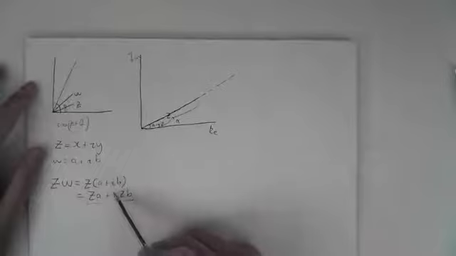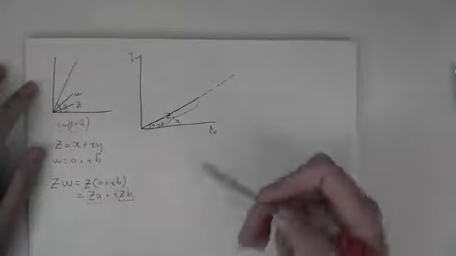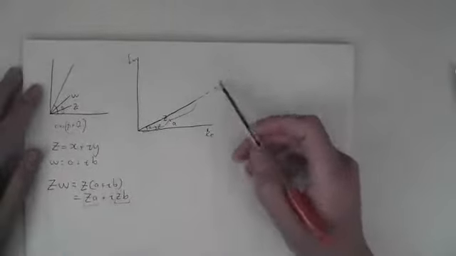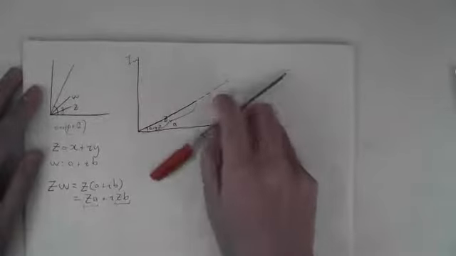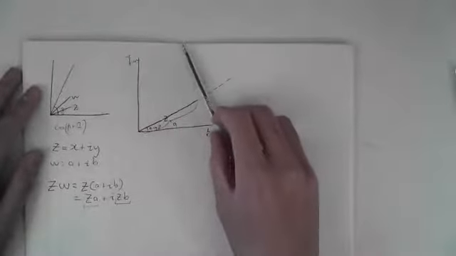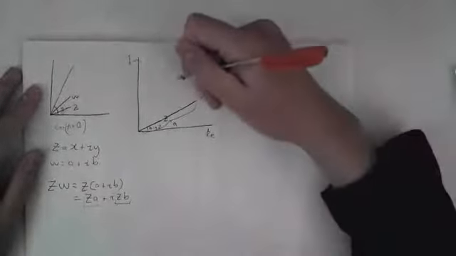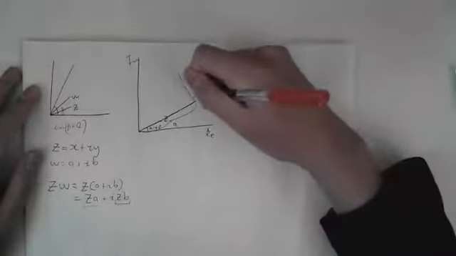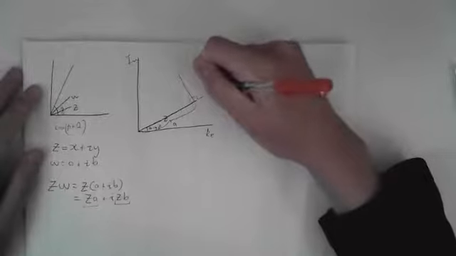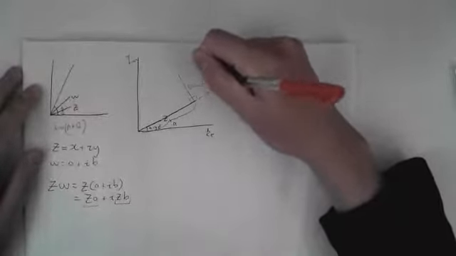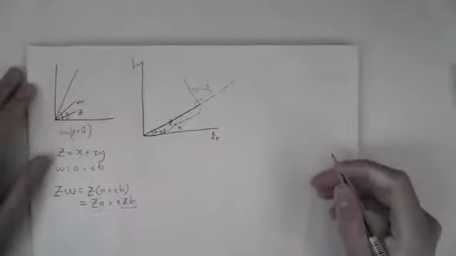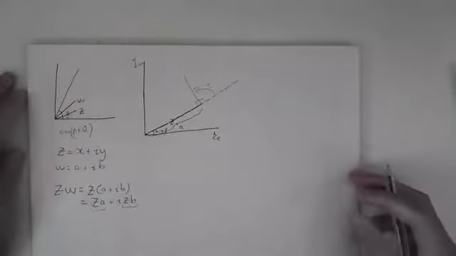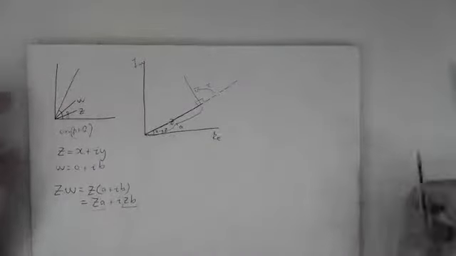I'm adding it on, but I'm also multiplying it by i, which means that I'm actually rotating this vector by 90 degrees. So it actually ends up over here. The reason for that is that when we multiply by i, geometrically it can be interpreted as a rotation of 90 degrees.